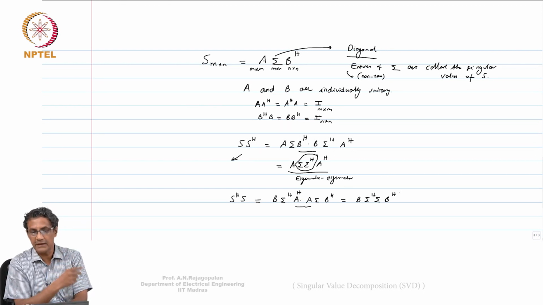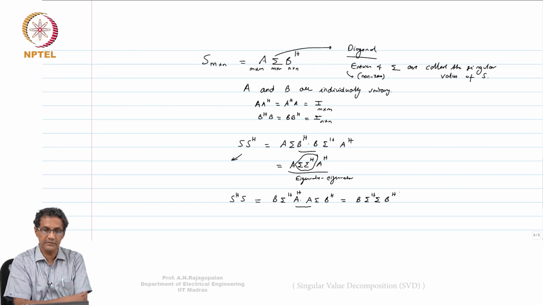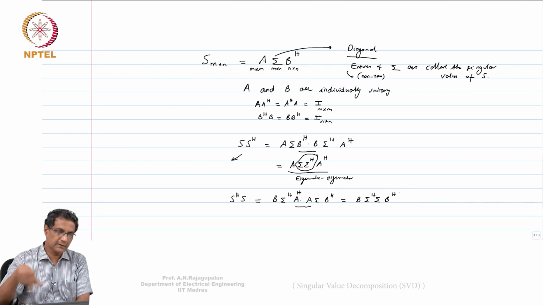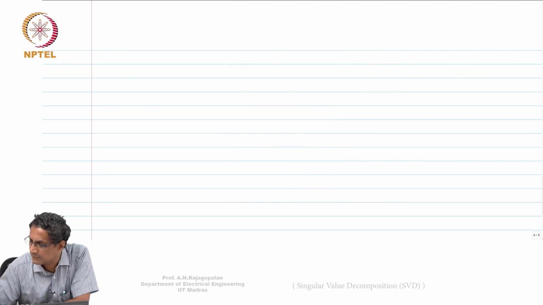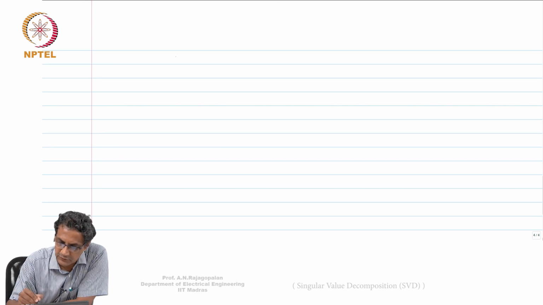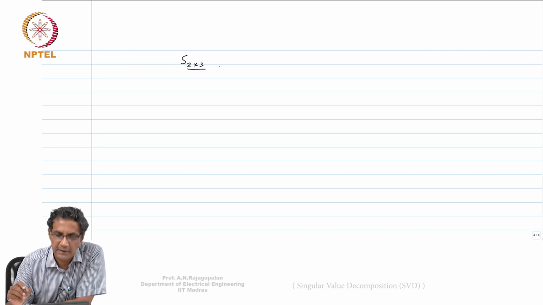So if you change the image, for example if I go from S to some other image, even if it has the same dimension, it doesn't mean that A and B will be the same. A and B will automatically change if I change my S, which will then mean that the basis images will change. Let me take a small example to illustrate how it might look. If you take S, let's say 2 cross 3, then your sigma will be 2 cross 3.